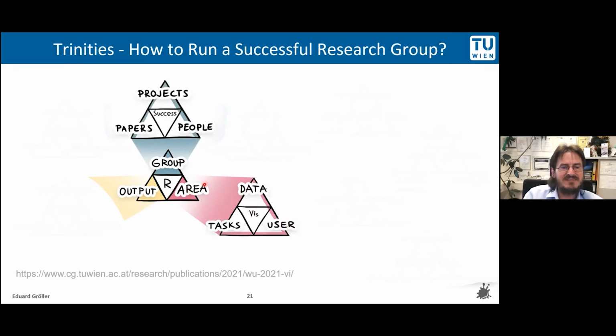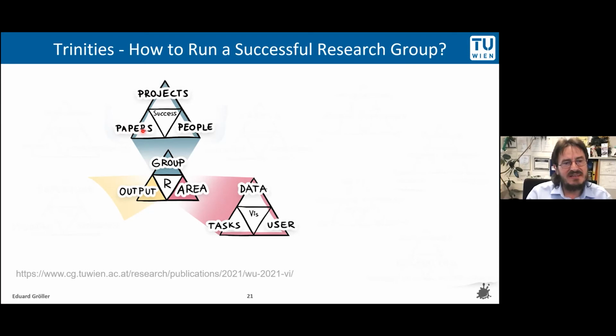But what's more interesting is what the group consists of. A group consists in many cases of several people. They are doing research projects together, and then they want to produce papers out of it. And you can start, if you would like to get a group going, in each of these corners.